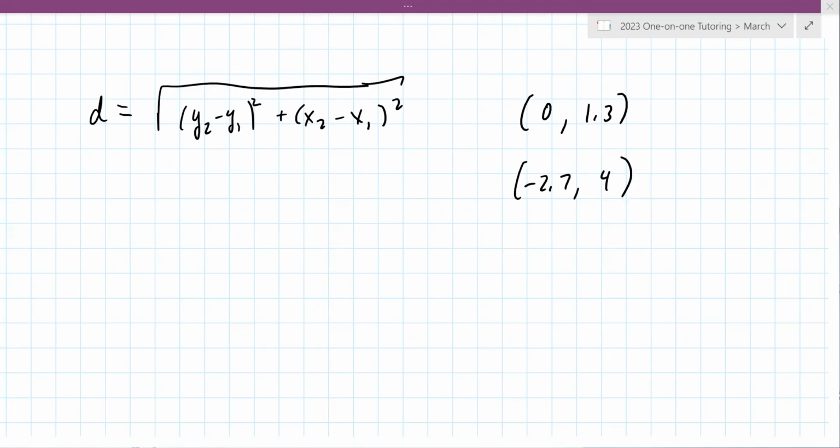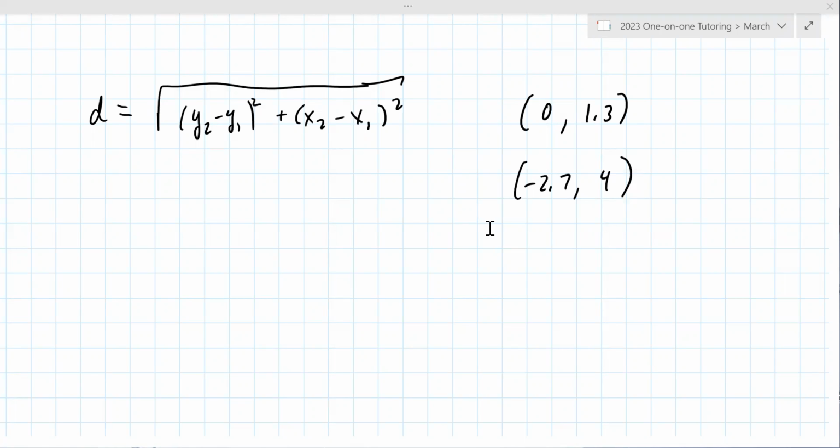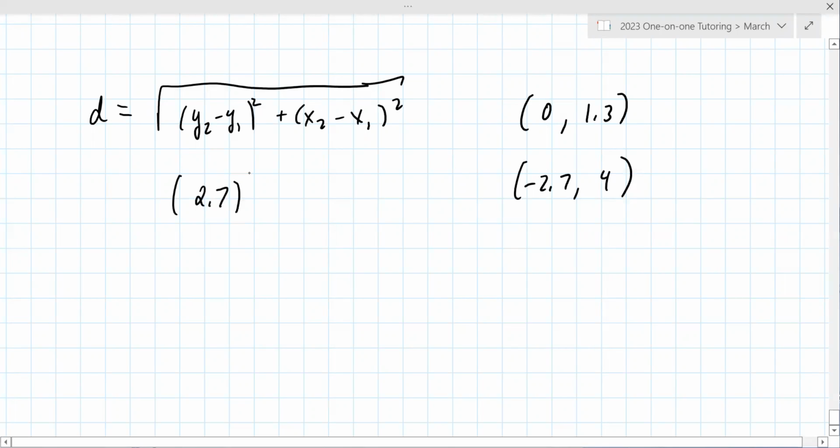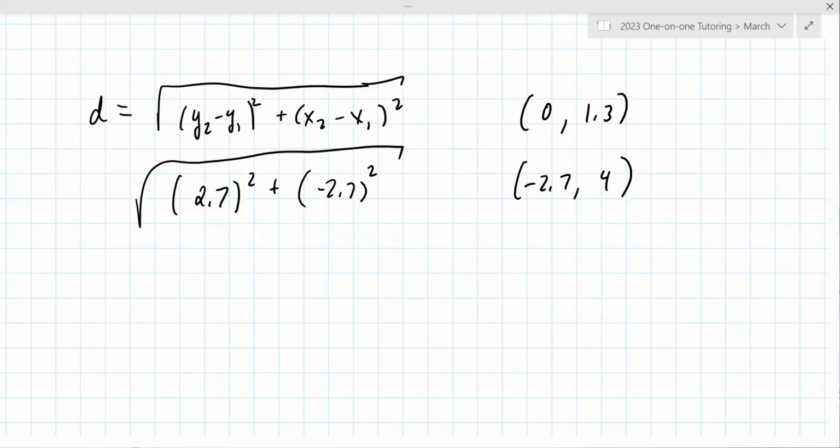Okay, what are your differences here? I got 2.7 squared plus minus 2.7 squared. Square rooted, then you get 2.7 plus 2.7. No, it doesn't work that way. Oh, yeah, sorry, you cannot do that. But when you square it, you get 7.29 plus 7.29.